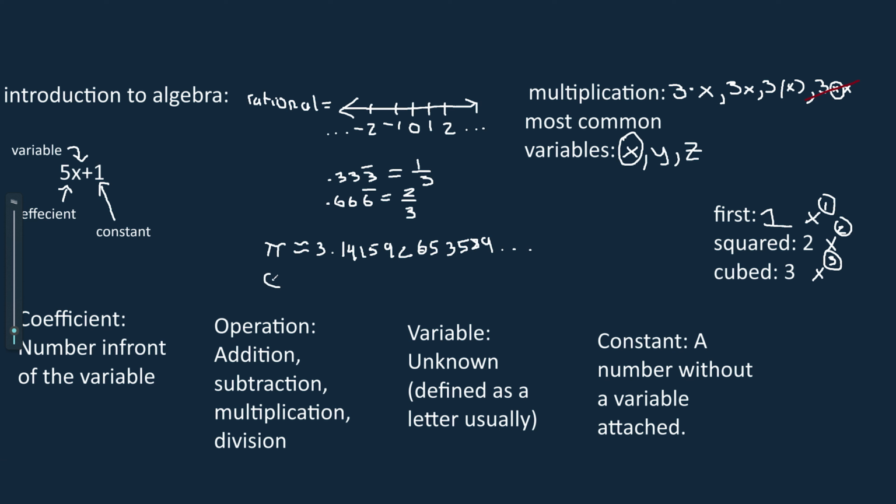Same thing with e, which is about 2.71828, I'm pretty sure. And same thing with square roots, which we'll go into depth on as well. The square root of 2 is about 1.41. So these are irrational.